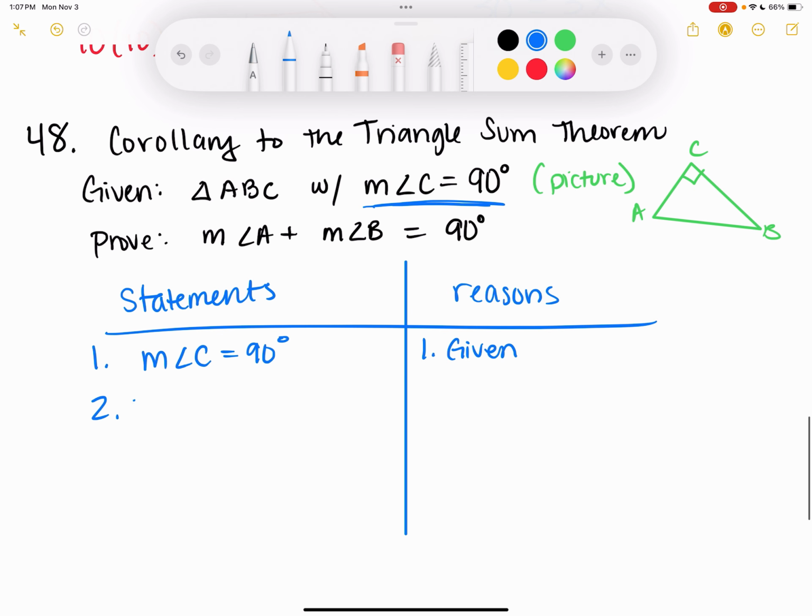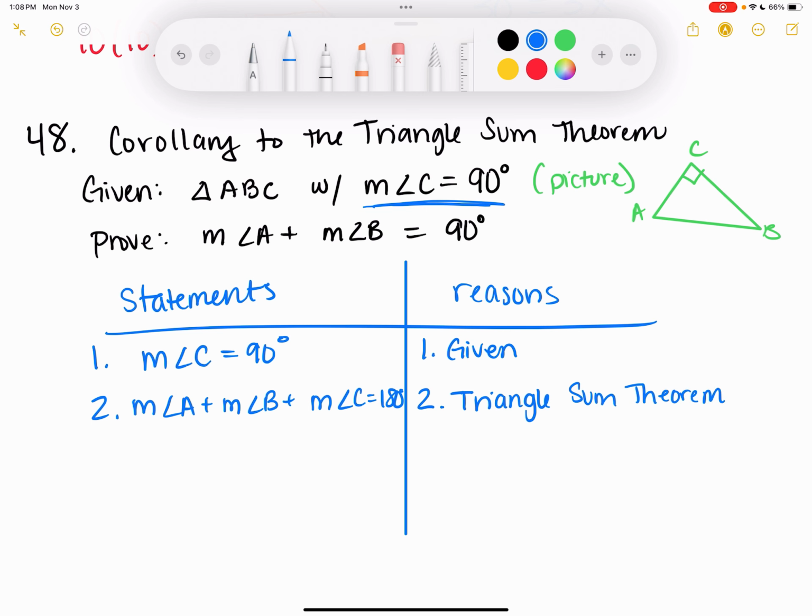So I would do the measure of A plus the measure of B plus the measure of C equals 180. And that is the triangle sum theorem. Now, I can use that because I'm trying to prove the corollary.